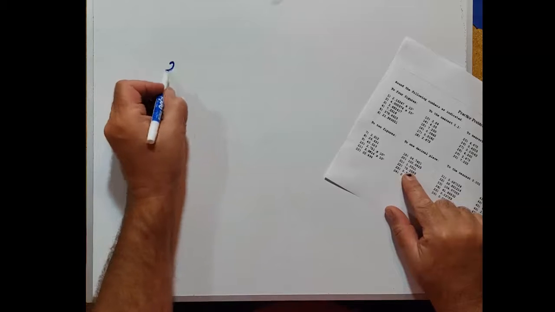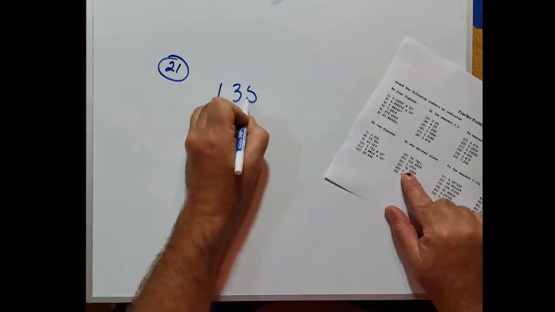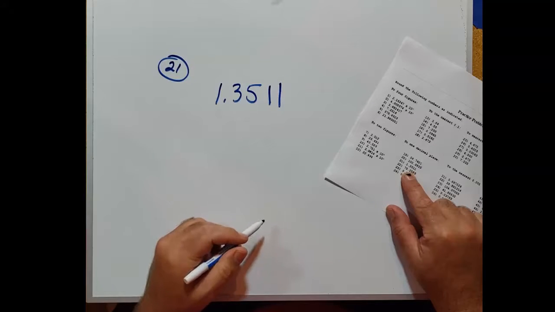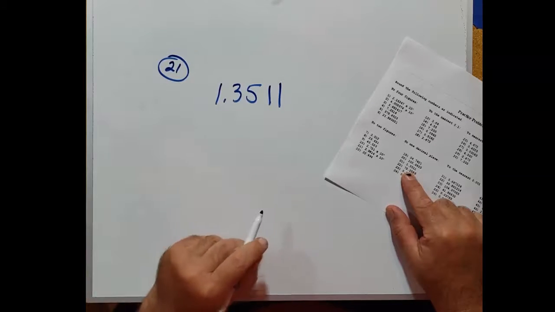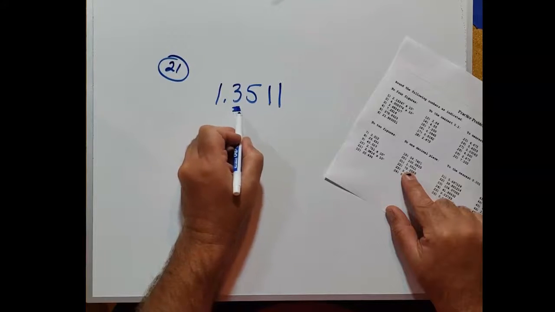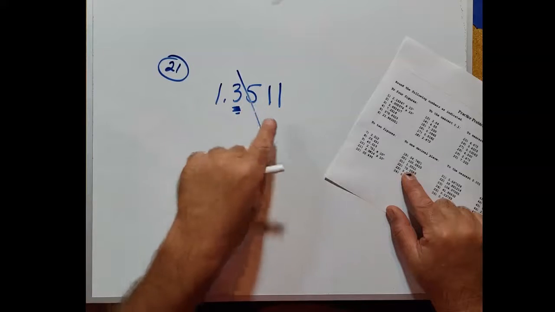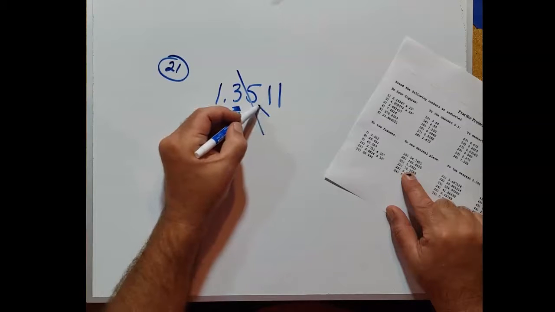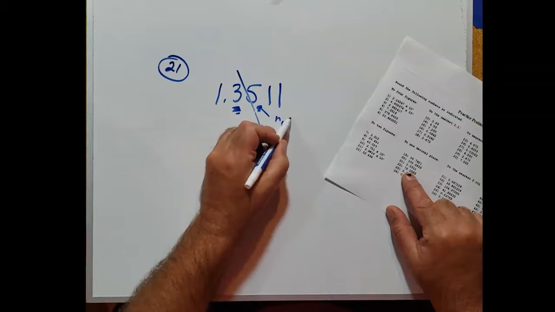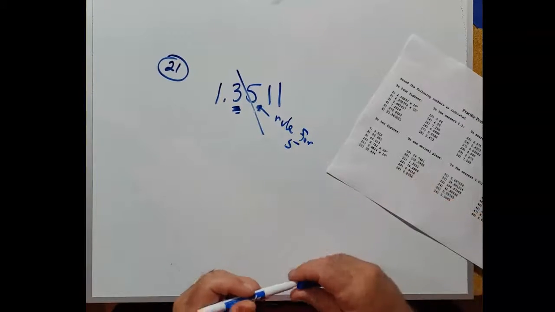Number 21: 1.3511. The instructions here say to round to 1 decimal place. That would be right here. So I want to cut off the 511. I don't care about the ones. I'm interested in the first digit I'm cutting off. That being a 5, I have to apply the rule for 5. What is the rule for 5?